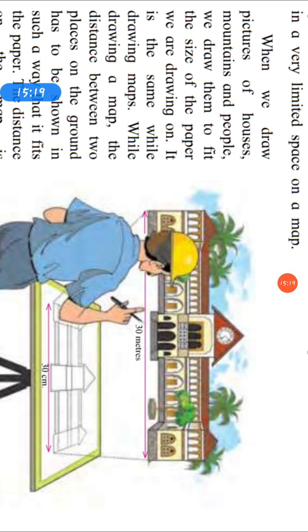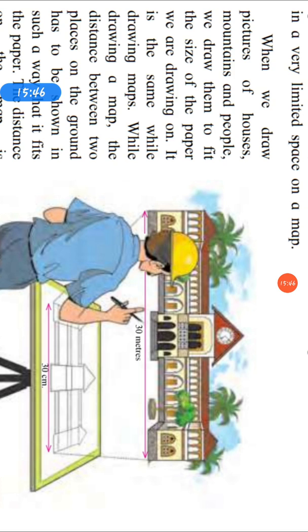When we draw pictures of houses, mountains, and people, we draw them to fit the size of the paper we are drawing on. If we are drawing a house or mountain and people, is it possible to draw a 6 feet person on a paper? No, we don't have that size of paper to draw a 6 feet person.